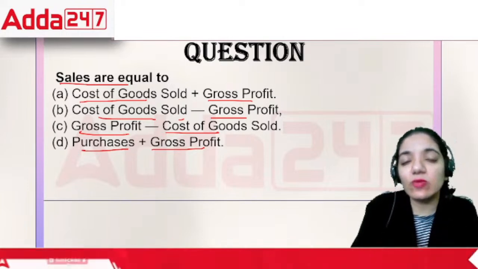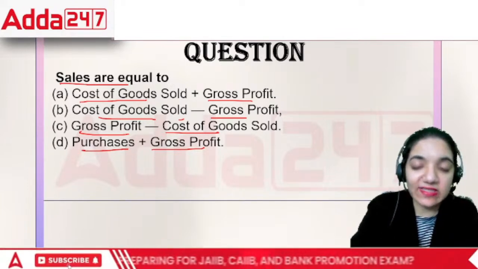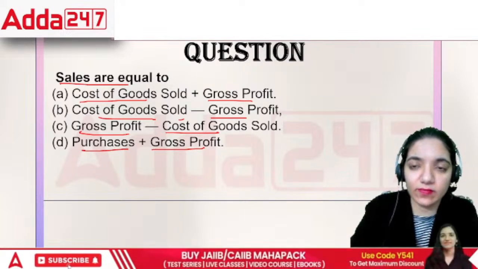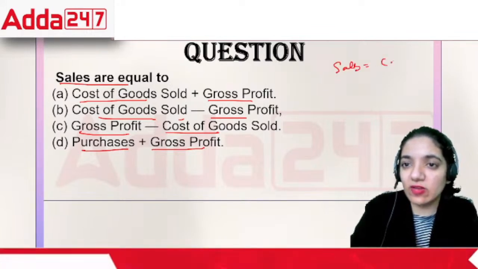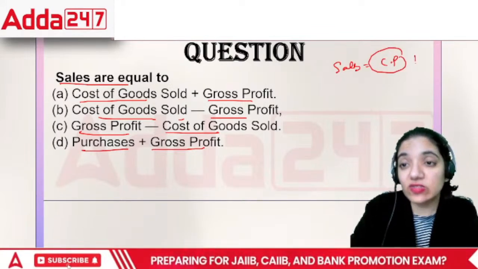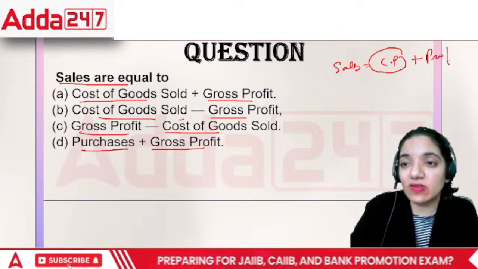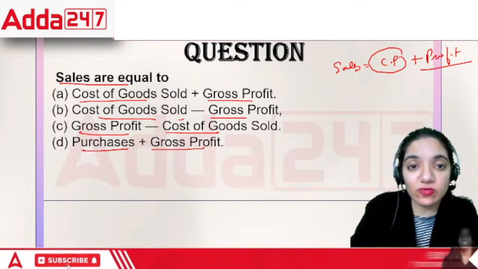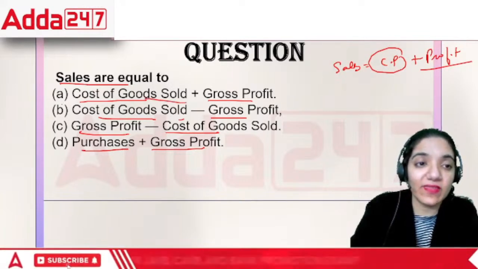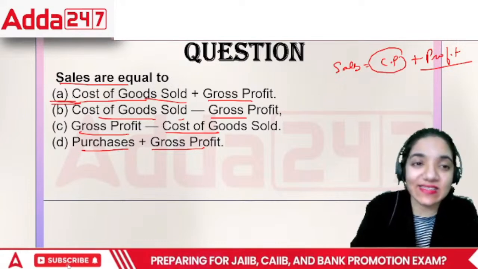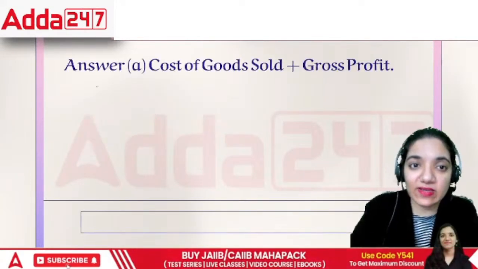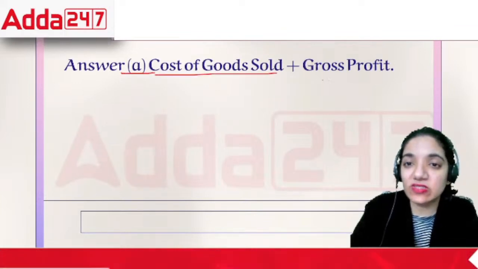If we talk about sales, sales is equal to whatever your cost would be, the cost plus we add up something. Now we cannot sell it at par, so that means we sell it at a profit. So it would be cost of goods sold plus GP. That is something which we'll define as sales. So sales are equal to COGS plus GP. So the correct answer is A, COGS plus GP.